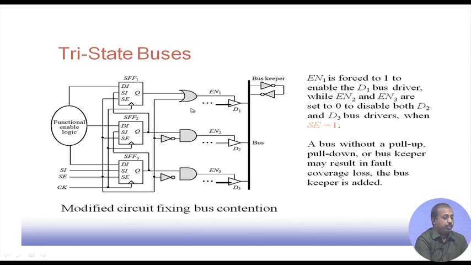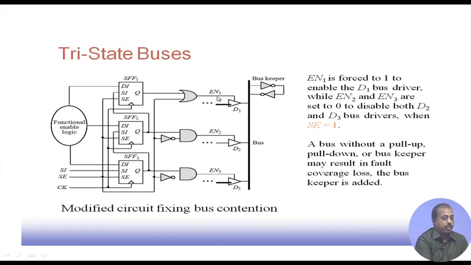So, how do we modify? In the scan enable mode, when the scan enable line is high, it goes there. At the same time, this scan enable line is also connected to an OR here and via a complemented version here.